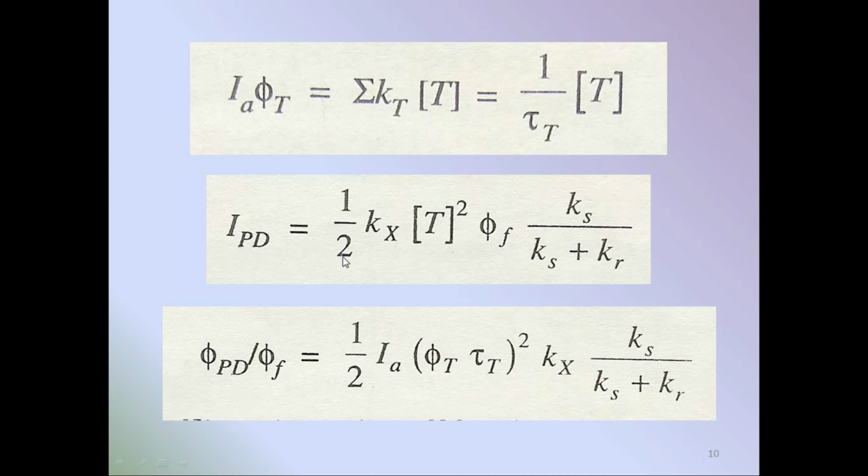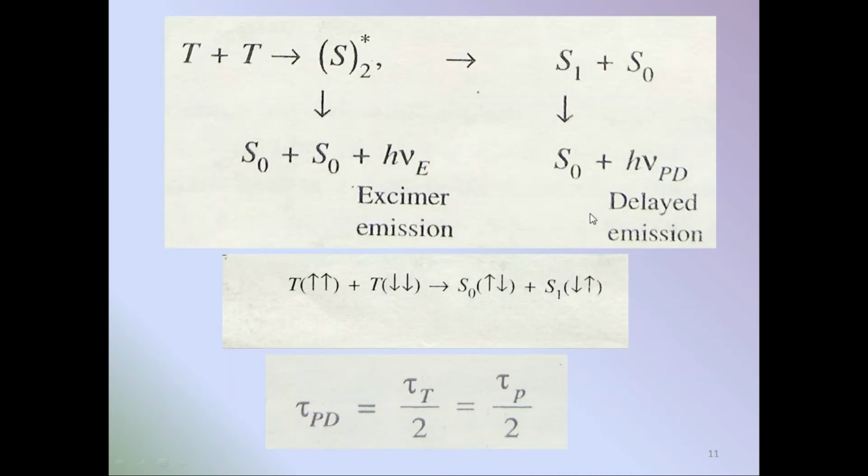Since the quantum yield of the P-type delayed process is equal to I_PD upon I_A, we get the equation shown in the slide, that is phi_PD upon phi_F equals 1 upon 2 I_A Q_T tau_T squared, k_X in brackets k_S upon k_S plus k_R. During the triplet annihilation process, energy gets transferred from one triplet to another and forms the excited dimeric species S2 star.